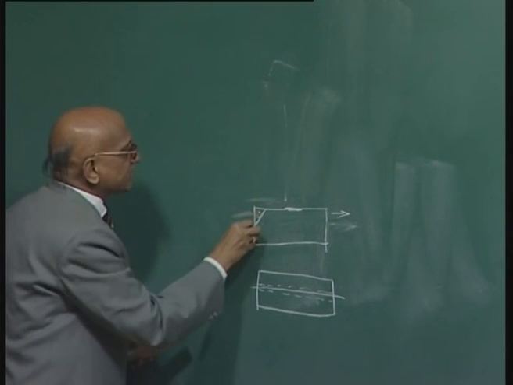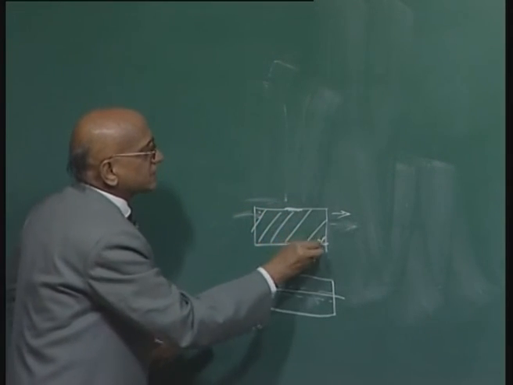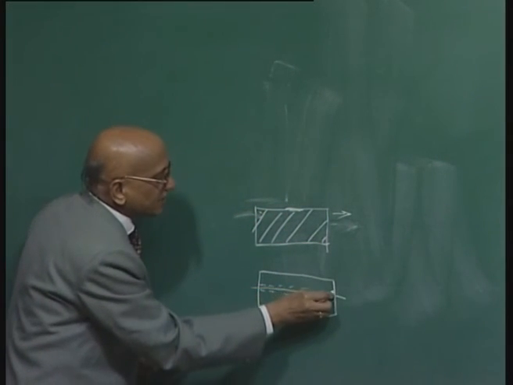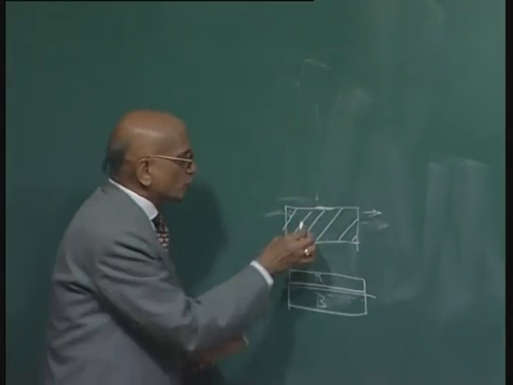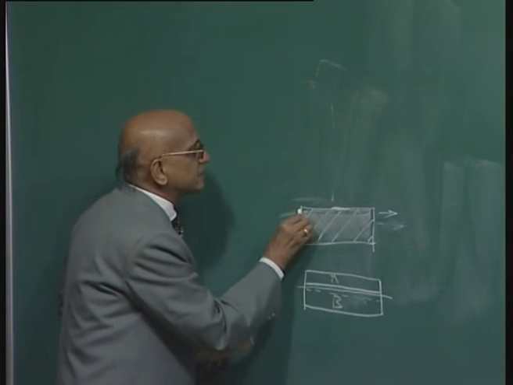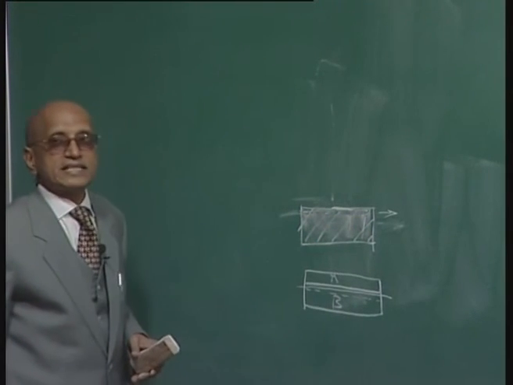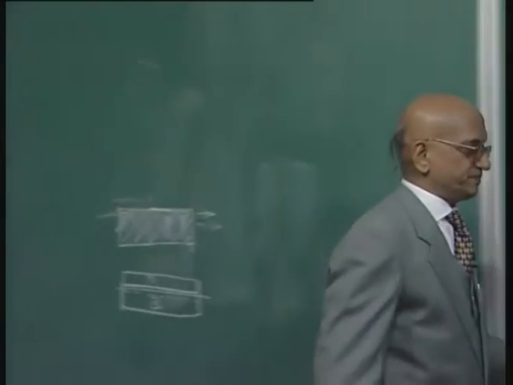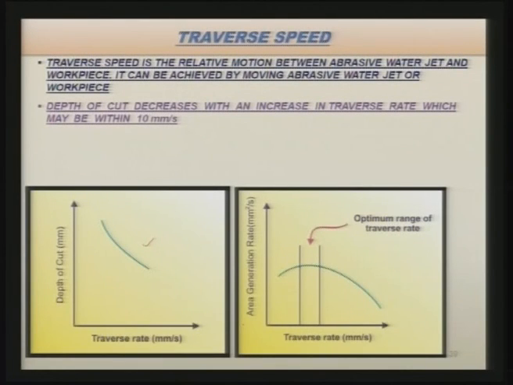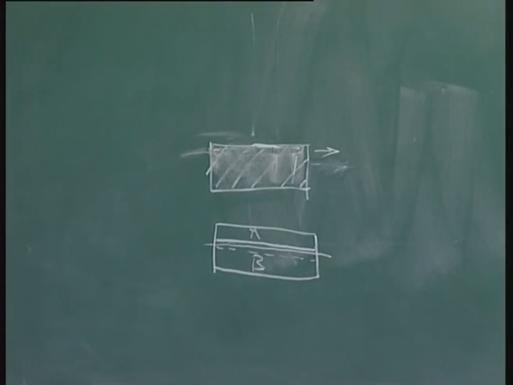This is the cut surface of part A, and similar cut surface will be there for part B. Whatever is this area generated, divided by the time taken, will be called the area generation rate. You can see here the area generation rate in terms of millimeter square per second, and this particular relationship is followed. So, this is the area generation and the traverse rate that we have just seen.